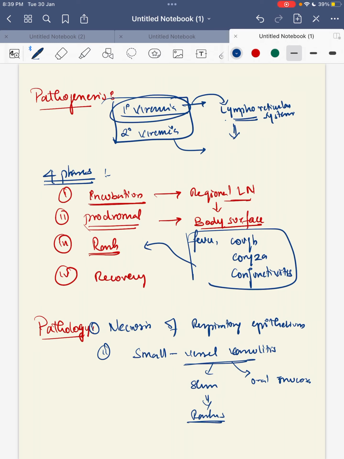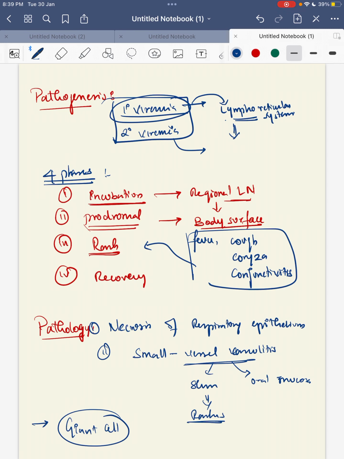When you see a histology slide of this rash, you will appreciate giant cells. What is this giant cell? It is made up of intracellular edema. Once the virus infects the cell, the cell will swell, causing intracellular edema.